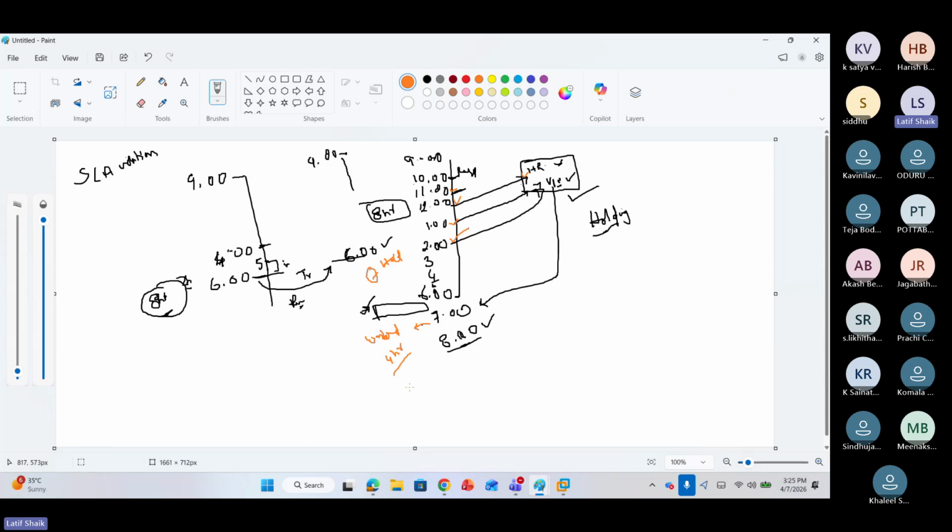So I'm holding the ticket for a certain period of time till the other team members complete the task at their side. Once they inform you, you unhold the ticket. As an indication, you have to specify why you are holding the ticket. So then hold the ticket, to avoid the SLA violation.